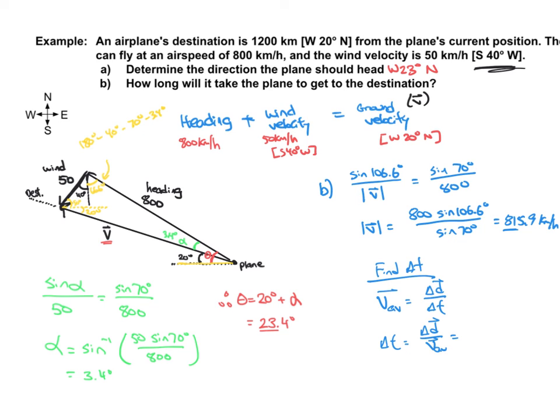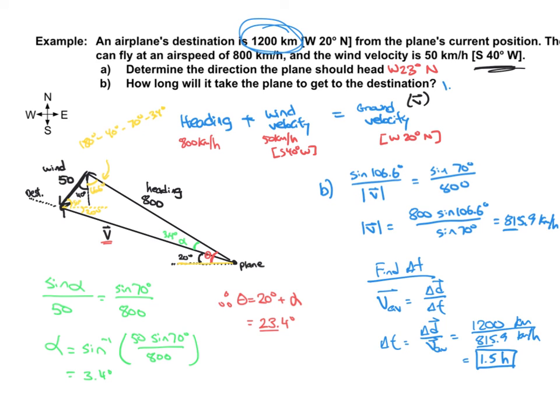So the displacement is 1,200 kilometers. The velocity is 815.9 kilometers per hour. So we divide those, and I get 1.5 hours, 1.5 after I've rounded to 2 significant digits.